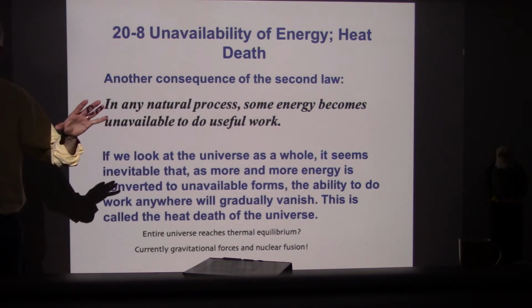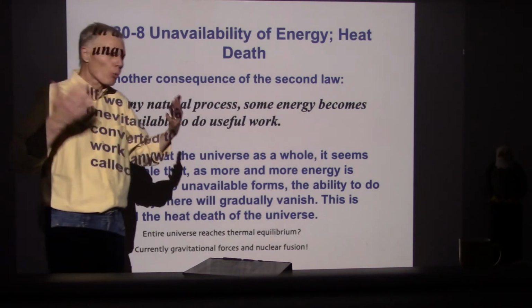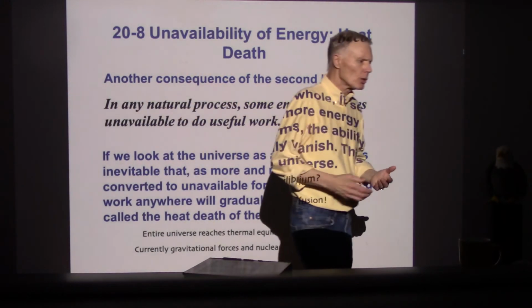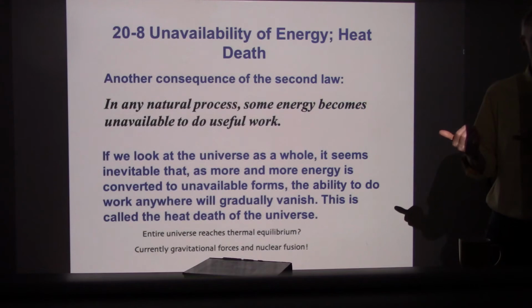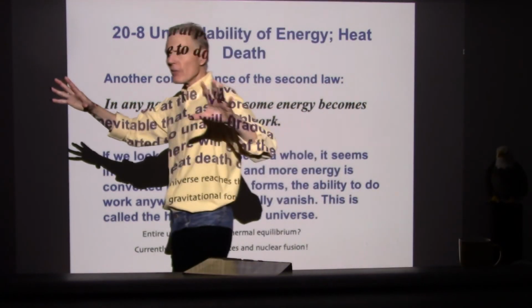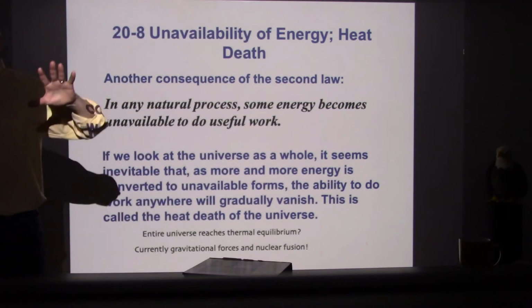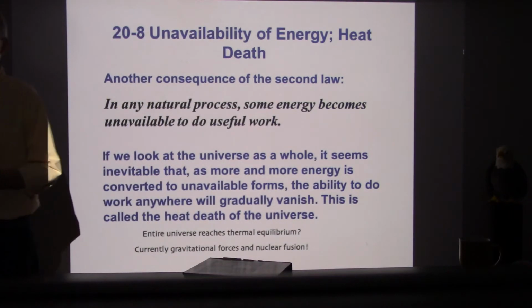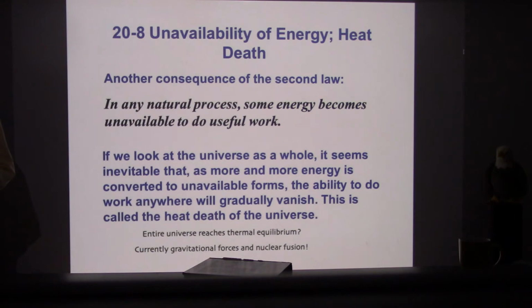Now, for the universe at large, entropy works kind of backwards. So the gas molecules we've been looking at, if the gas molecules are spread out, that's higher entropy. If the gas molecules are compacted, that's lower entropy. But that's not the way the universe works, and that's because of gravity.